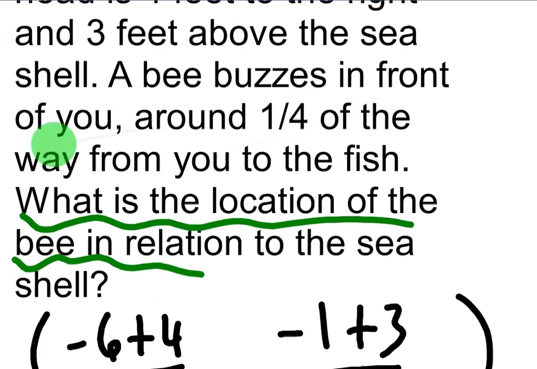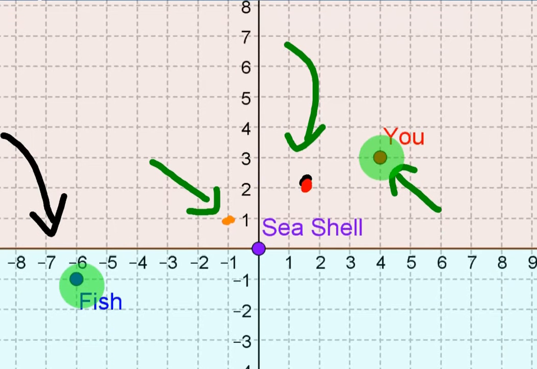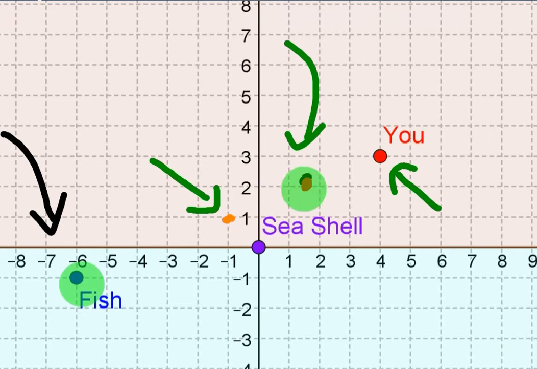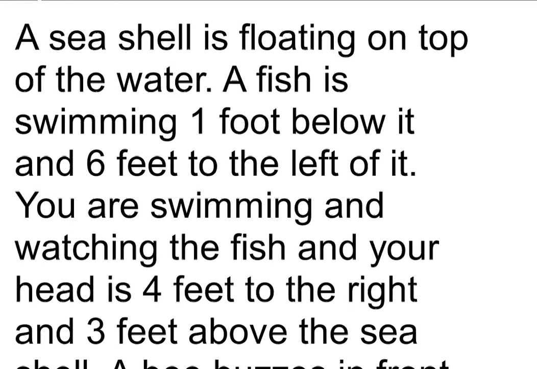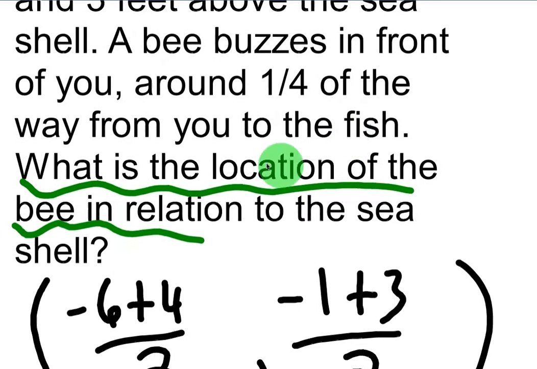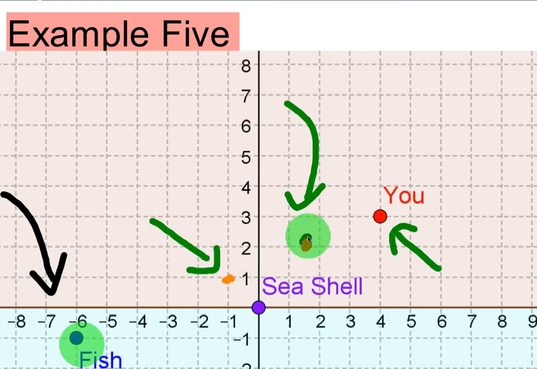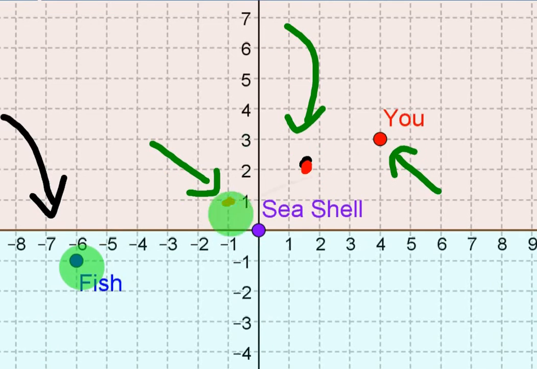A bee buzzes in front of you around 1/4 of the way from you to the fish. So now that we've labeled everything, the bee is buzzing somewhere around here, about 1/4 of the way from you to the fish. Okay? 1/4 of the way. What is the location of the bee in relation to the seashell? So ultimately what we're trying to figure out is this point right here. What is its value? Now that we've drawn this and labeled it, we have 2 points.